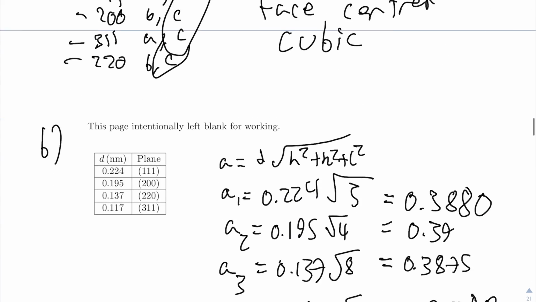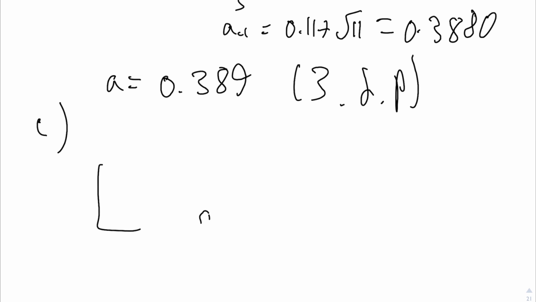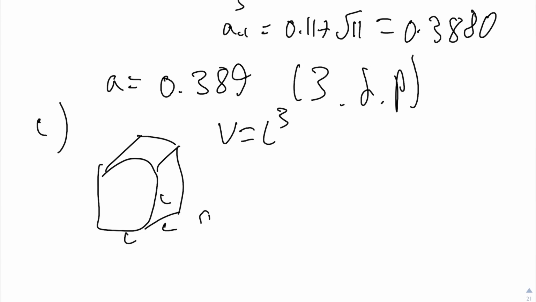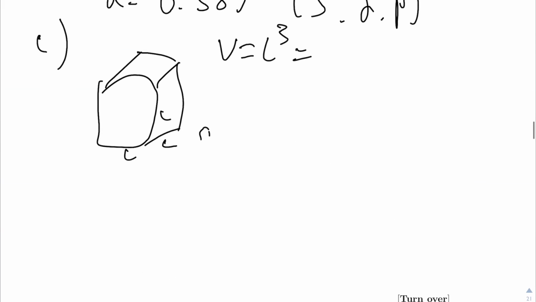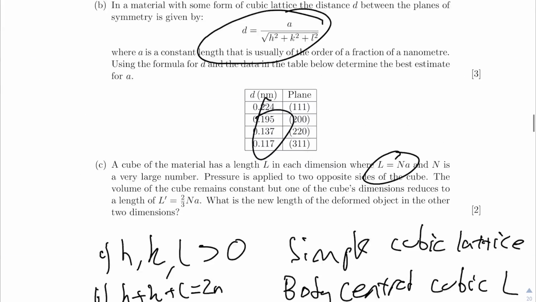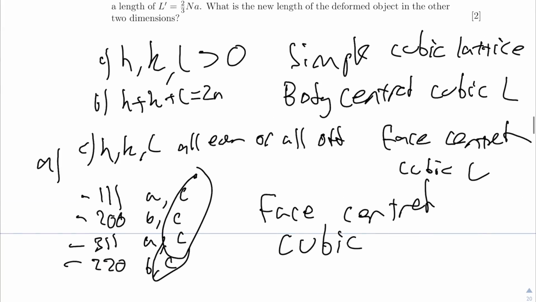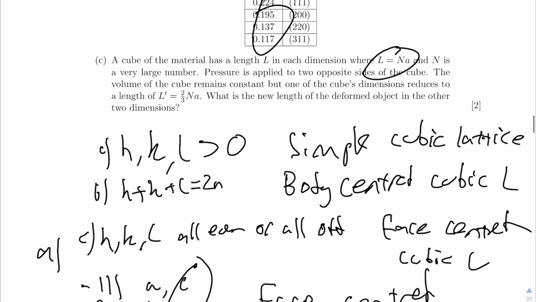So first, we have a cube with L sides. So this is L, L, L. We know the volume equals L cubed, which equals N cubed A cubed. After the deformation, it's applied to 2 opposite sides of the cube, so the volume remains constant but one side is reduced.